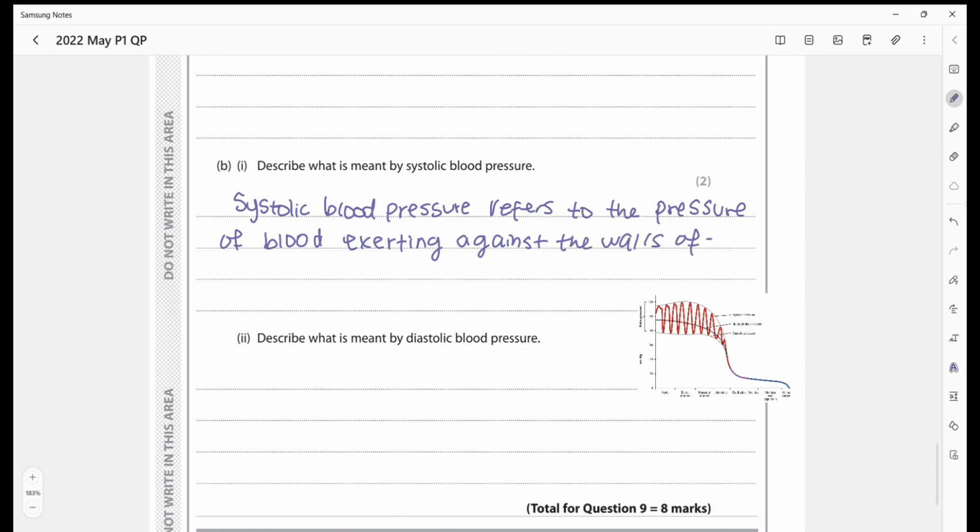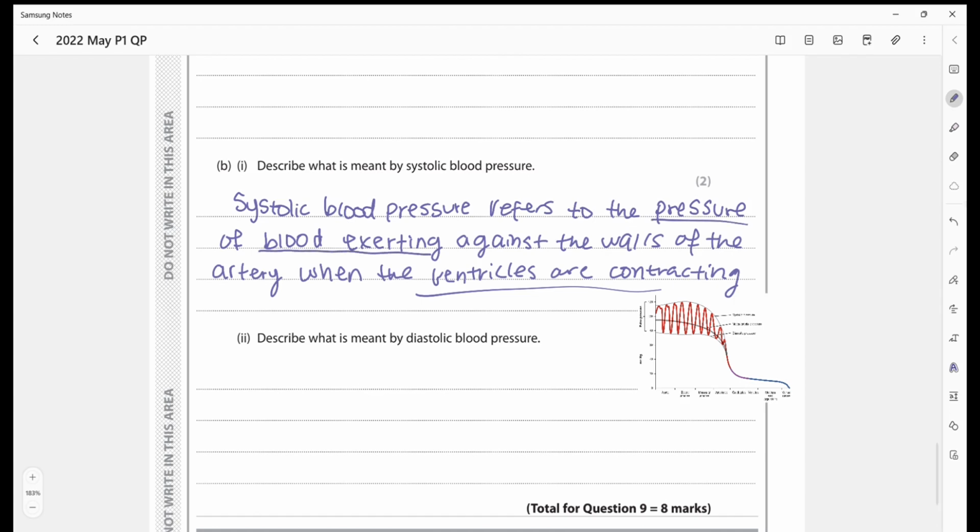Walls of the, I should say, artery vessels. Against the walls of the artery when the ventricles are contracting. So this is one mark, this is another mark, and this is another mark.